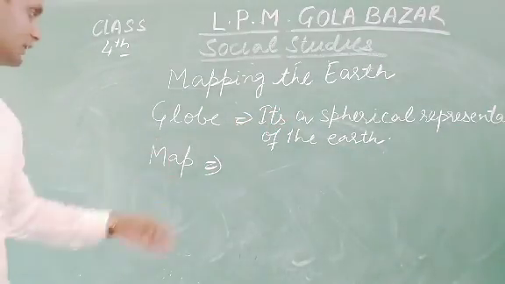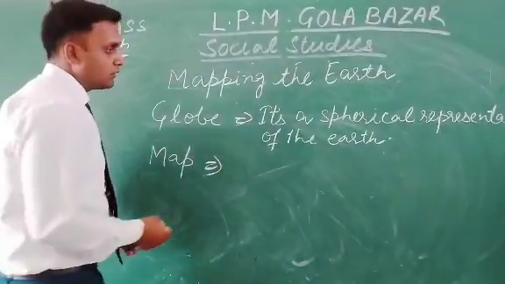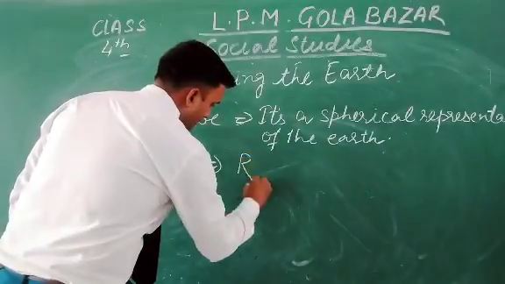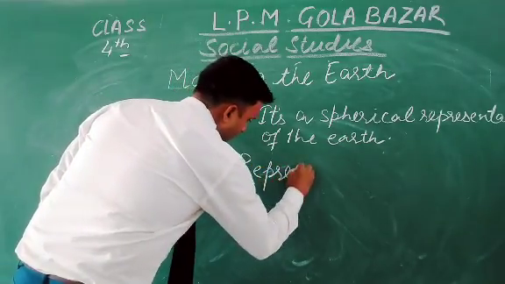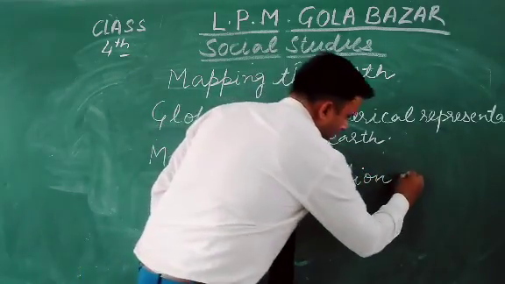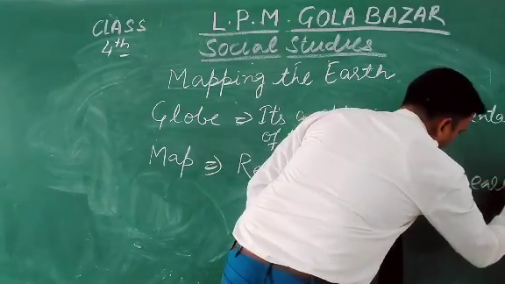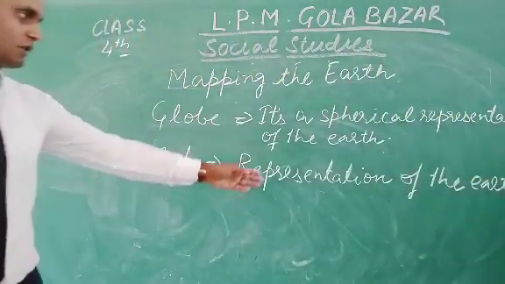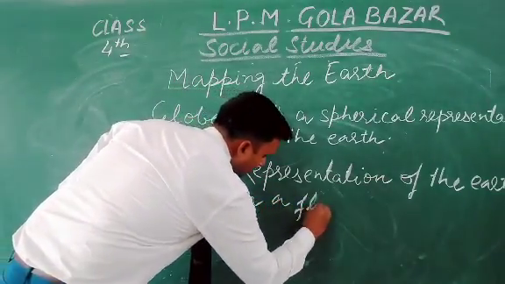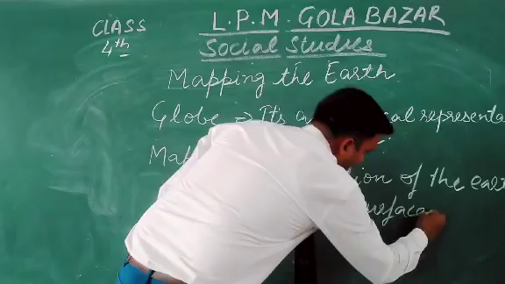Now, come to the second point, that is map. Write for map: representation of the earth on a flat surface.